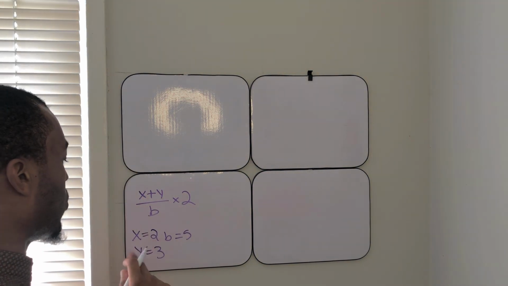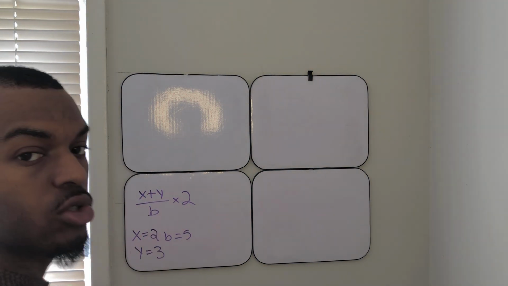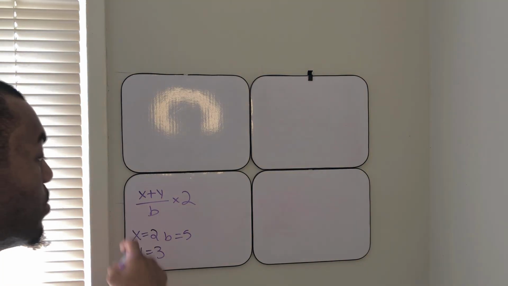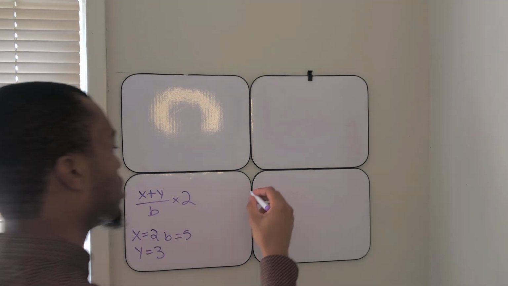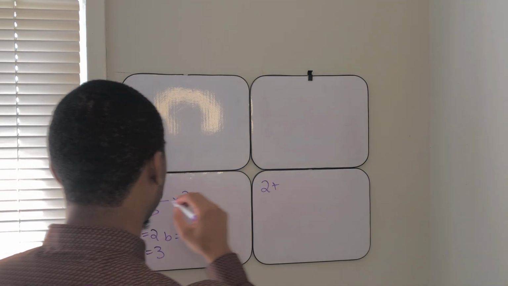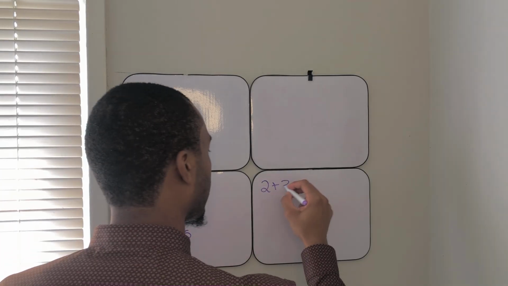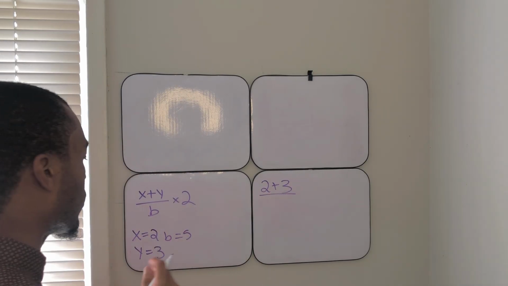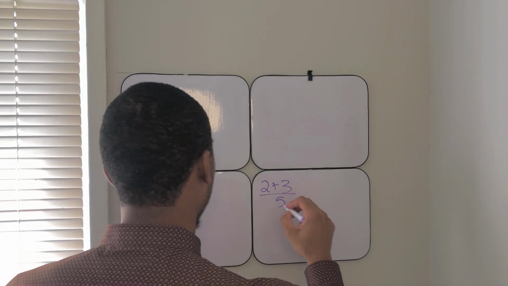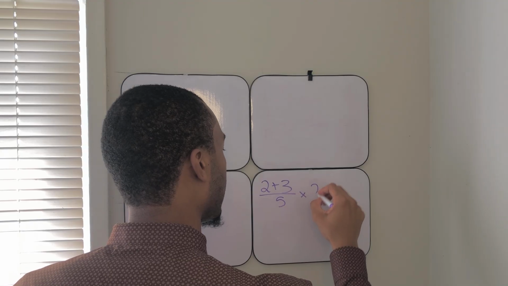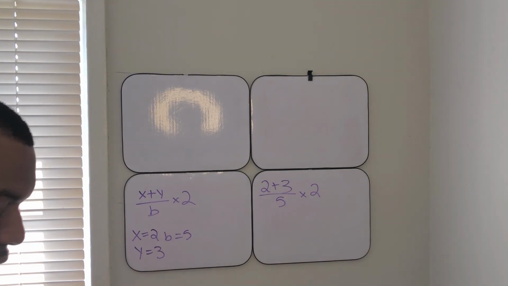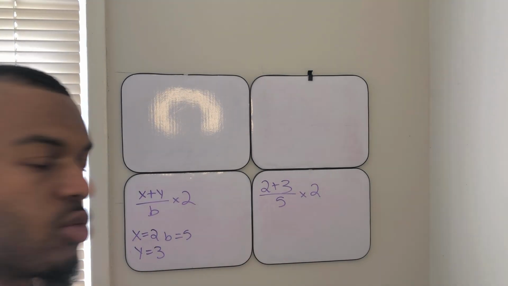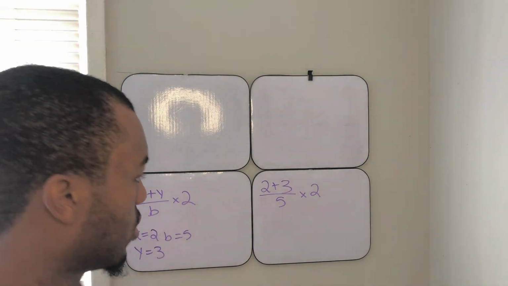So x plus y: let's look down here and plug in what we put for x and y. So 2 plus 3, 2 is x and y is 3, 2 plus 3 over b, b is 5. And then we're multiplying that by 2. So this is what we get after we plug in all of the values.